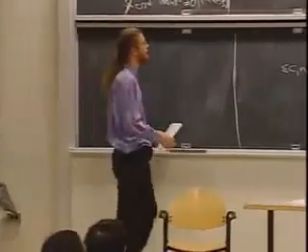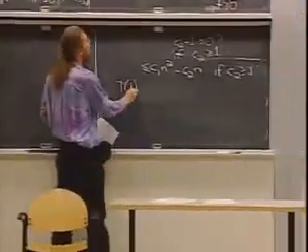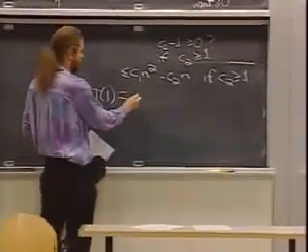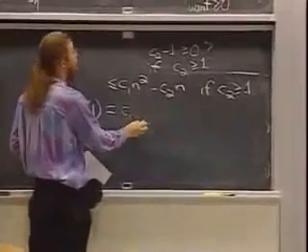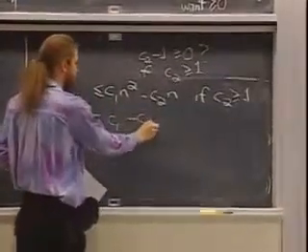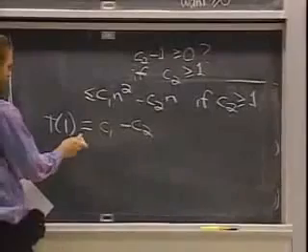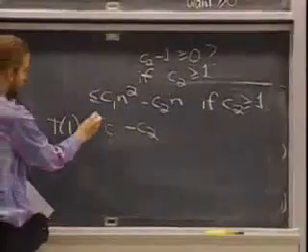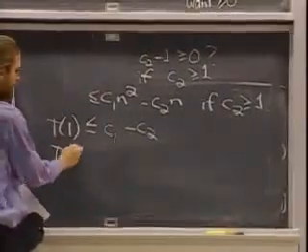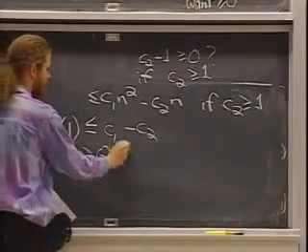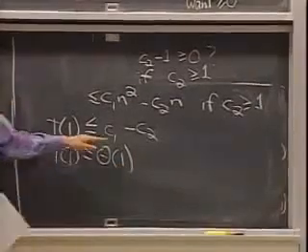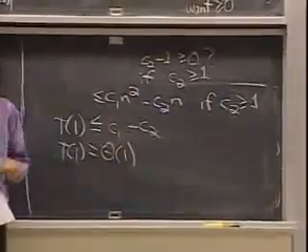So the base case will have t of 1 is c1 times 1 squared minus c2. And we want to prove that it's at most this. And t of 1 is some constant, we've assumed. So we need to choose c1 to be sufficiently larger than c2, in fact.